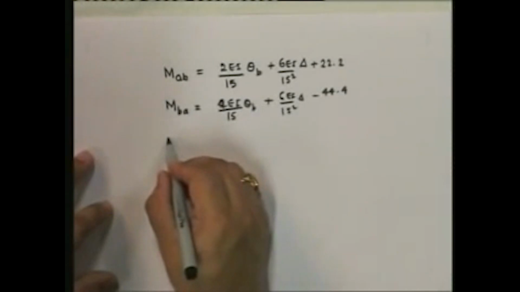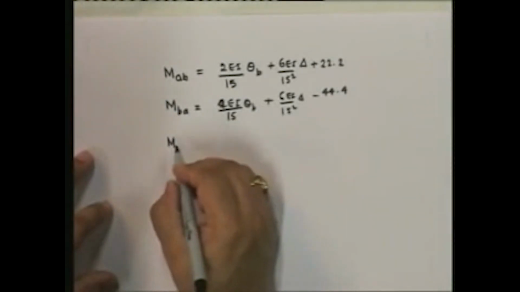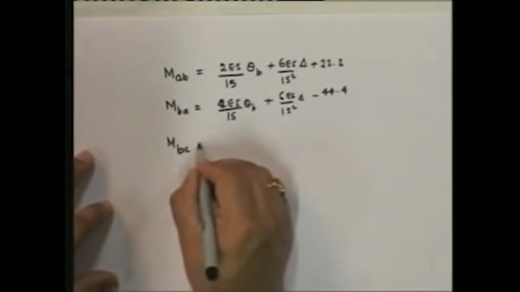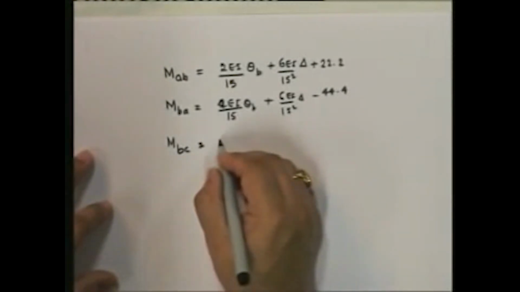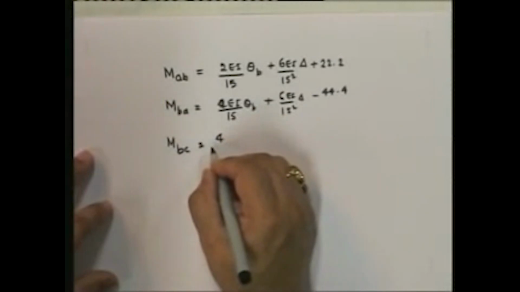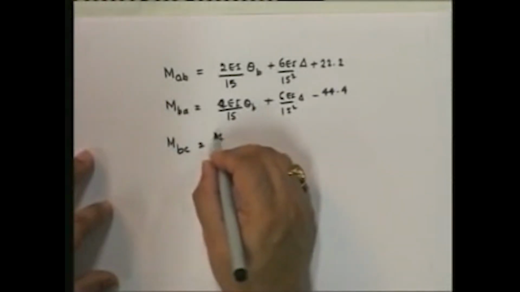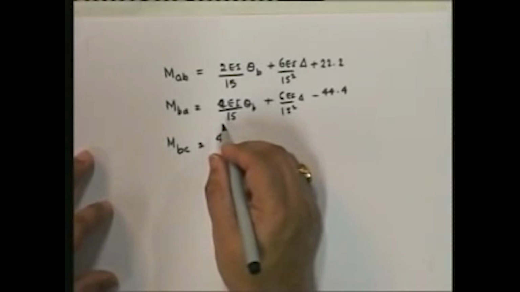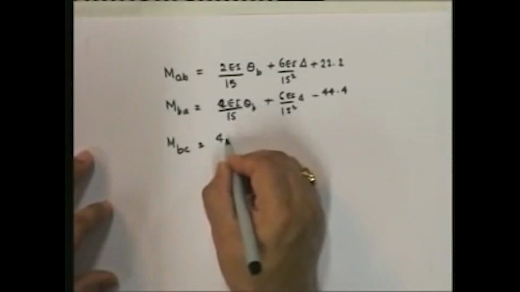Okay, then we have MBC equal to 4. Now note, it's 4 into 4, the EI itself is 4 EI. Remember that?